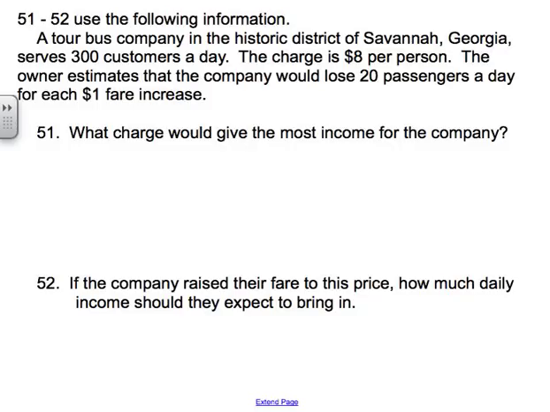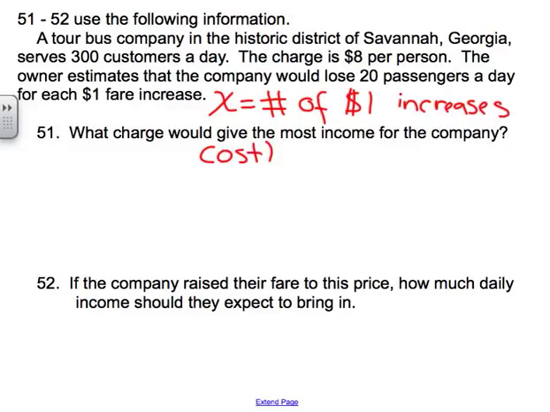So we're going to identify the variable. X is going to be the number of dollar increases. Now, we are dealing with people and we're dealing with cost. So we're going to come up with two binomials. One is going to deal with the cost. One's going to deal with the customers. The cost is going up, so I'm going to take that $8.